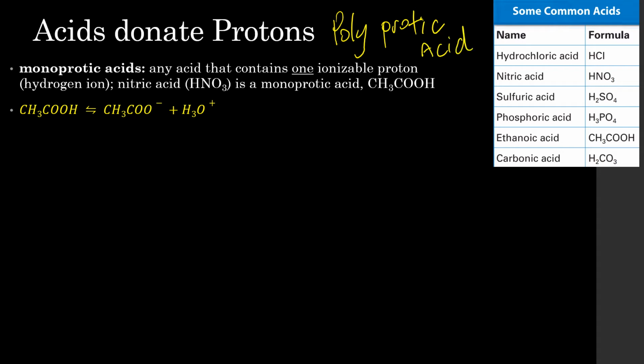So if we have a look at the top right hand corner, you can quickly tell hydrochloric acid can donate one hydrogen, nitric acid can donate one hydrogen, sulfuric acid should be able to donate 2, phosphoric acid should be able to donate 3. Now ethanoic acid will only be able to donate that hydrogen on that end.